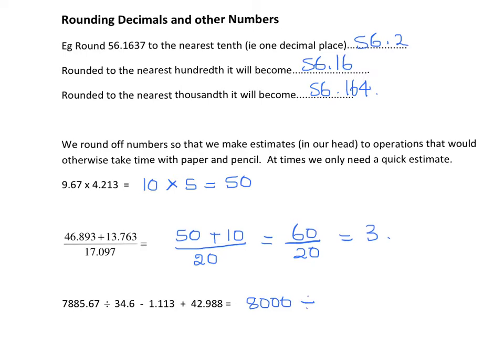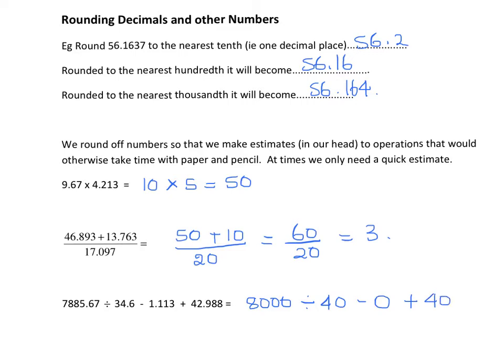The next number we will probably round off to, well, you could round it off to 30, but I'd probably round it off to 40 because I know that 4 divides into 8 quite nicely. 1.113, that's not really going to be very relevant. Let's round that off to 0, because the next number we can round up, or down, to 40.